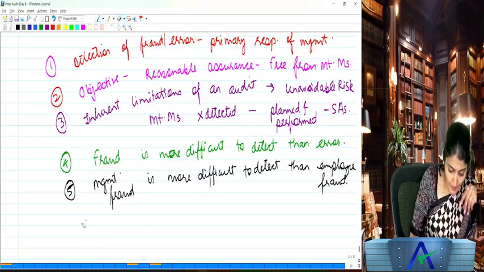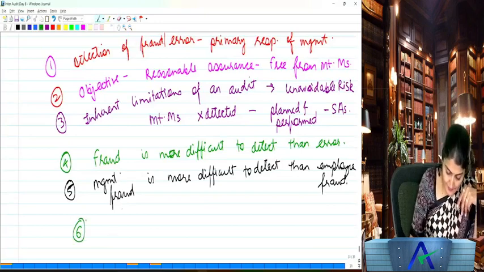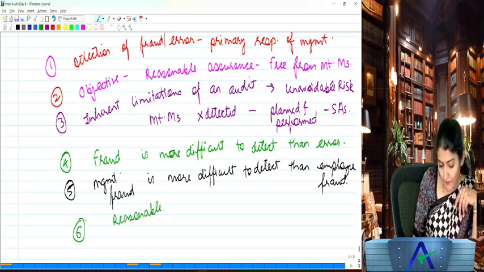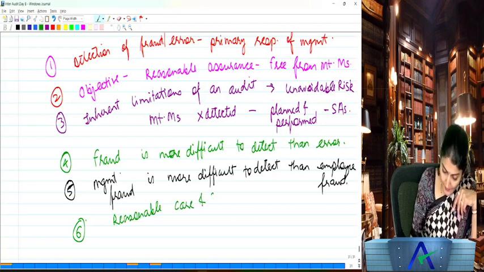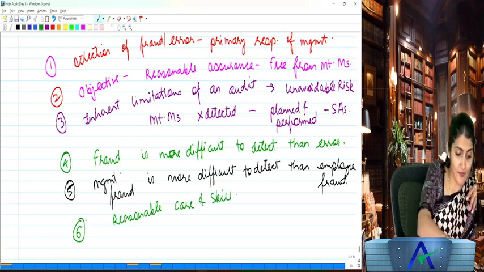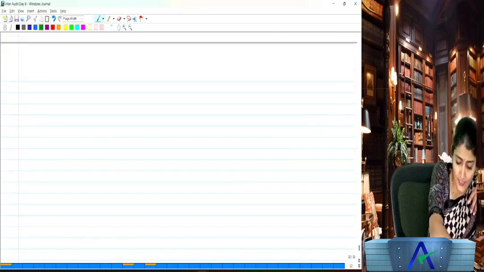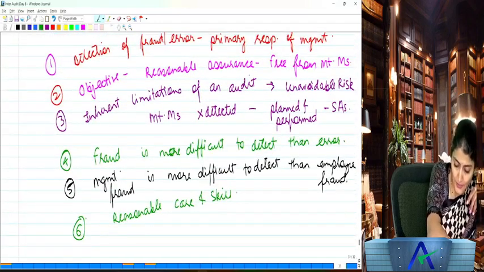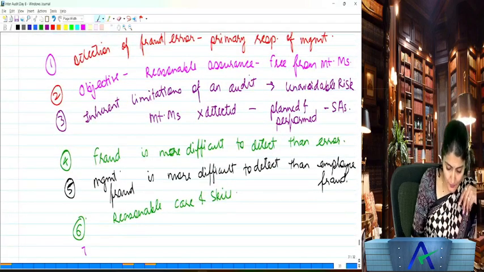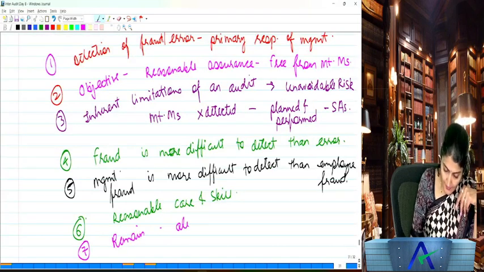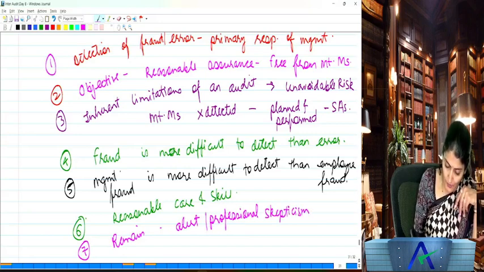He says, I exercised reasonable care and skill in the performance of my duties as an auditor. They ask again. He says, I remain alert, I maintain an attitude of professional skepticism throughout the audit.